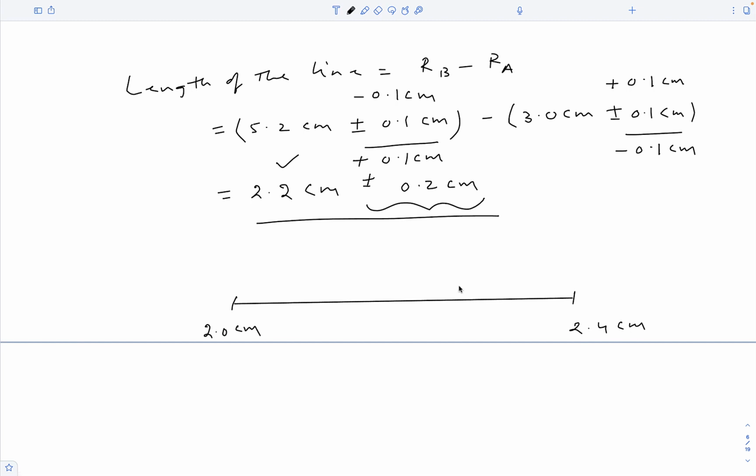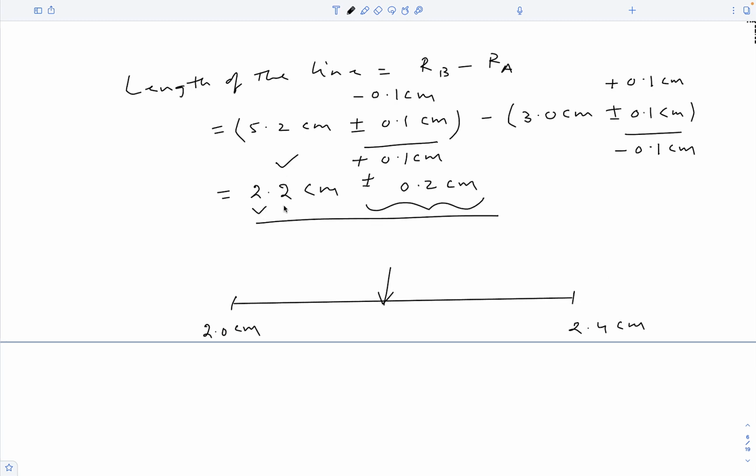So even in this case, what we have here is a range within which the actual value would fall. Then what is the benefit of putting so much of extra effort in estimating the value of this digit?